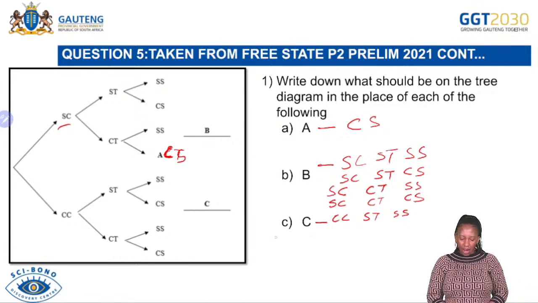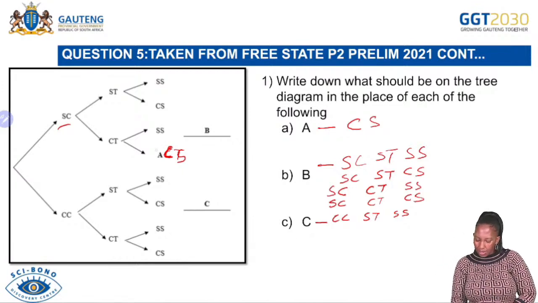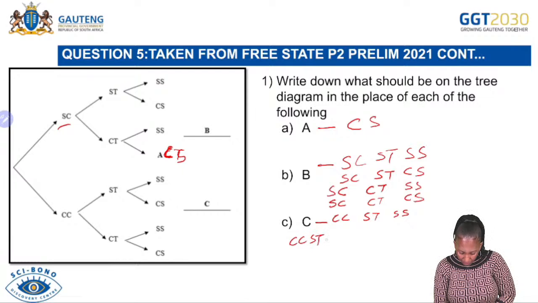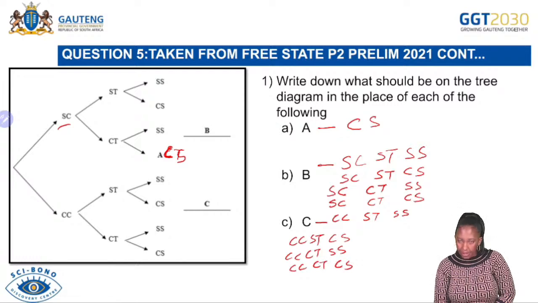Number A is the outcome for here, and then for number B we are writing all these outcomes, and same as number C, whereby we'll have the CC, ST, CS, CC, CT, SS, CC, CT, and CS.